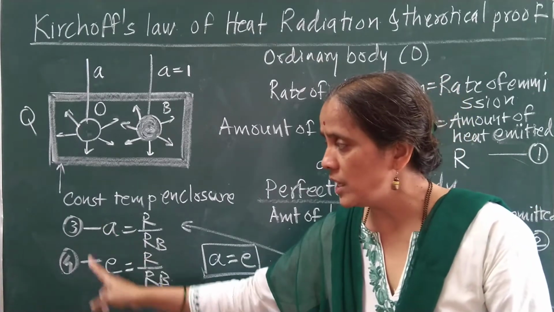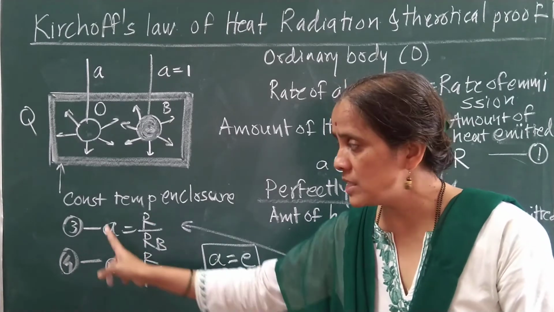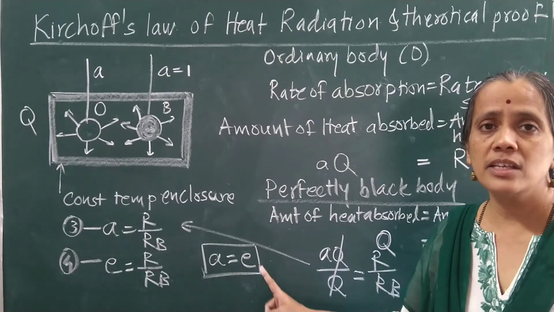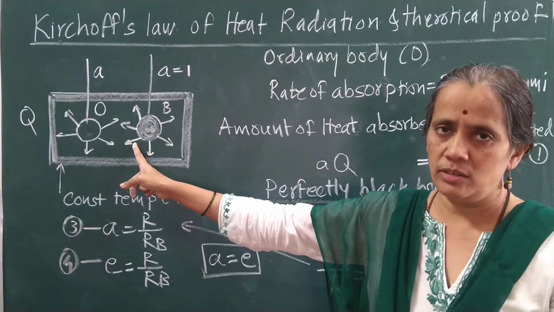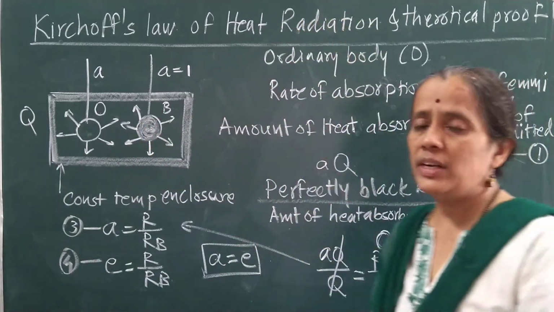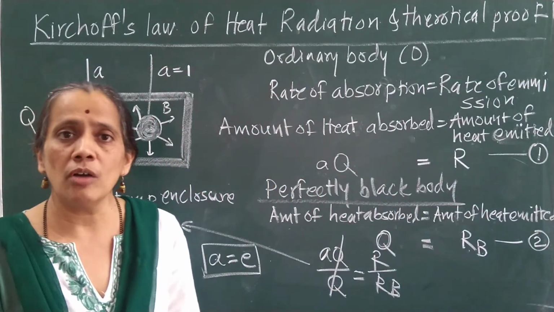So now concentrate on equation 3 and 4. The right hand sides are same, means left hand side must be same. So left hand side क्या लिखा है? A is equal to E. But when? At constant temperature. Therefore, the law is stated that at a given temperature, coefficient of absorption is equal to coefficient of emission.